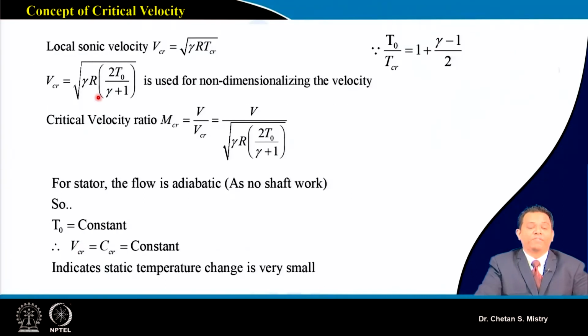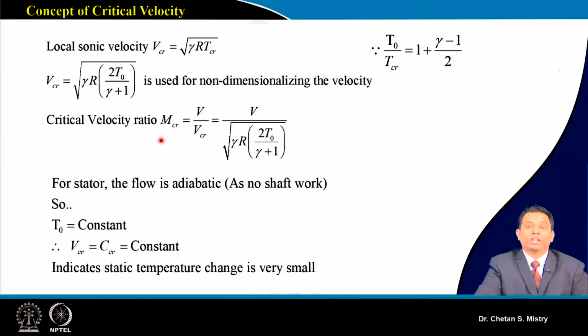Based on this relation, putting M equal to 1 gives T critical in terms of T0, where T0 is the stagnation temperature. So V critical is given by the square root of gamma R times 2 T0 by gamma plus 1. Now what we have introduced is the critical velocity ratio or critical Mach number.